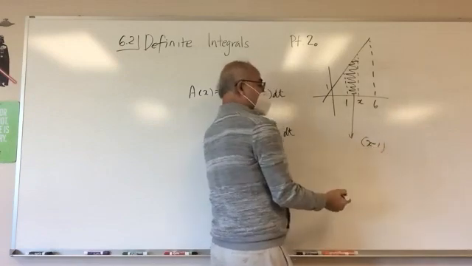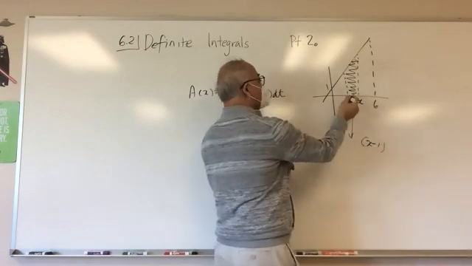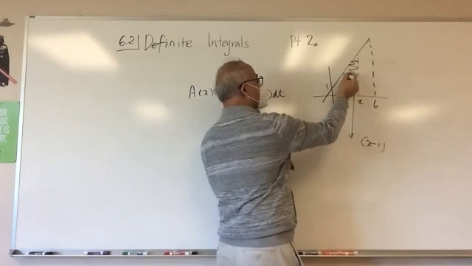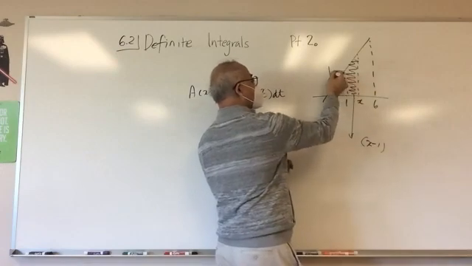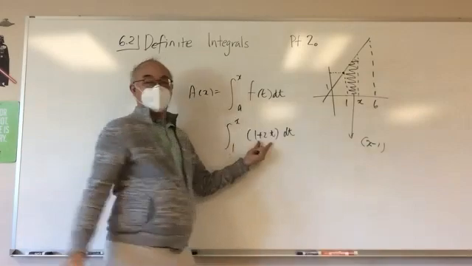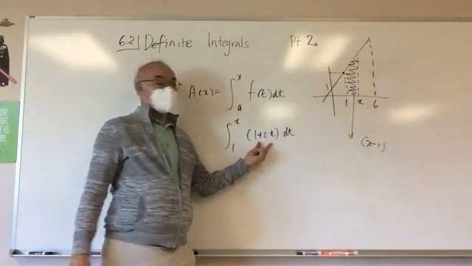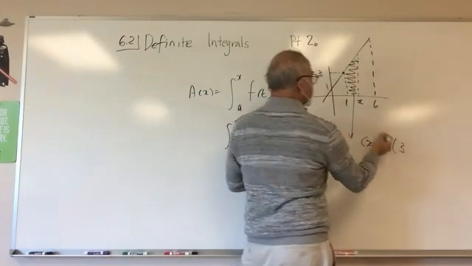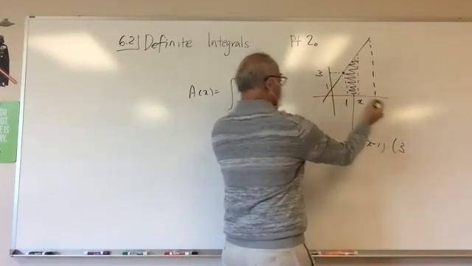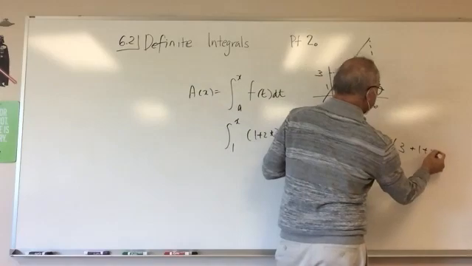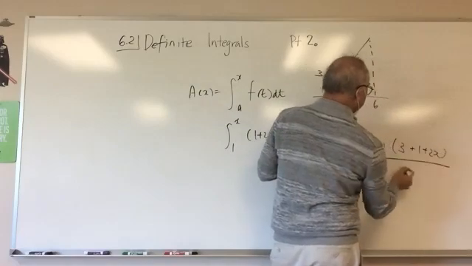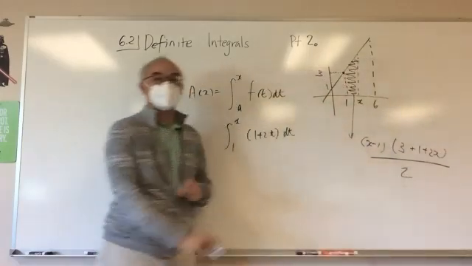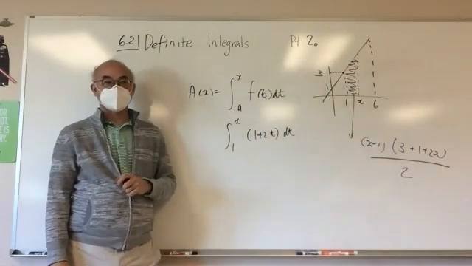That's the base. The first leg is when t is equal to 1. What is this value? 3, right? So the first leg is going to be 3. The second leg is going to be x, so it's plus 1 plus 2x. You're going to divide this by 2. That make sense?